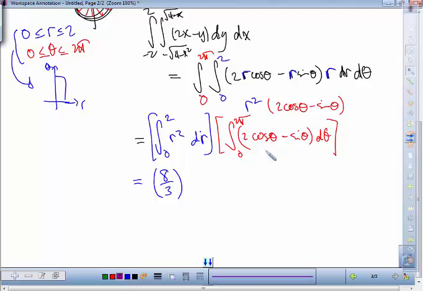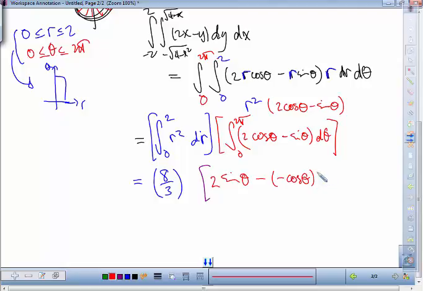This one is going to take a little bit more effort, but let's take a look. The antiderivative of cosine is positive sine theta, and there's a 2 out there. The integral of sine is negative cosine, so let's do it carefully.